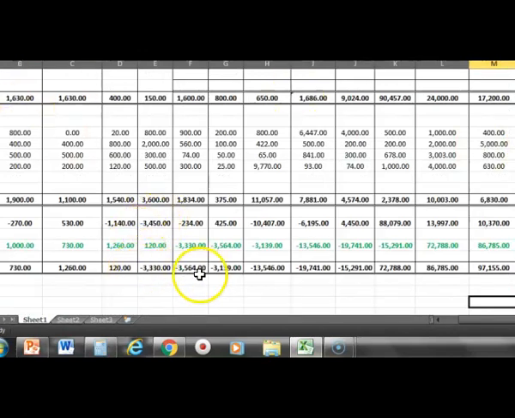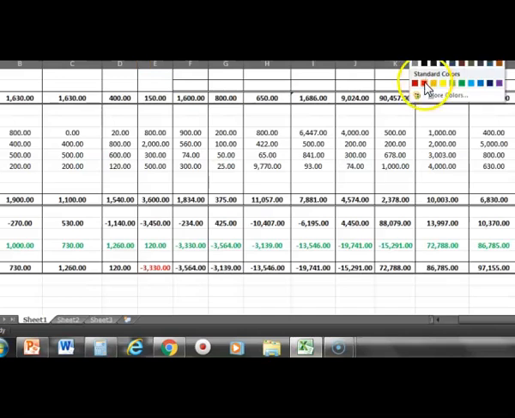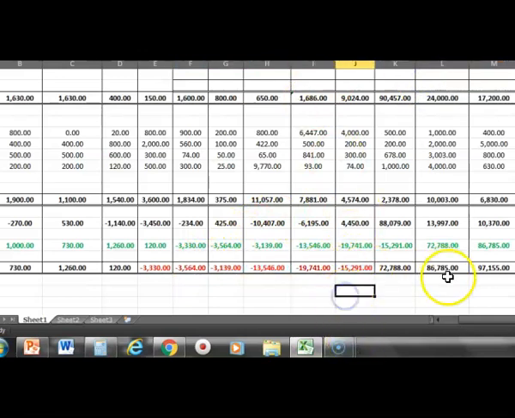So what I'm going to do is highlight the minus figures in red. Anything that says minus, I'm putting in red. Red means it's negative, means the business is going to be struggling with cash in this month. The ones in red mean the cash flow for this month is going to be negative.